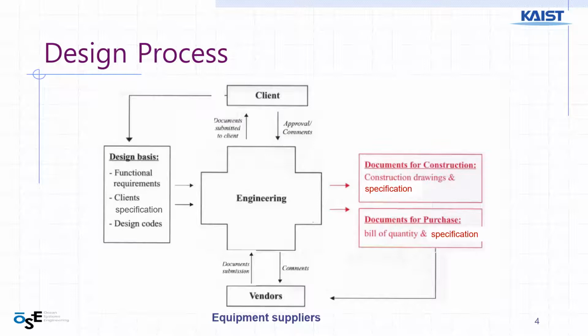And on the left-hand side, the client gives you mainly the design basis. So this can be the design requirements, the functional requirements, and also client specification, which means sometimes the client fixes their equipment very technically.